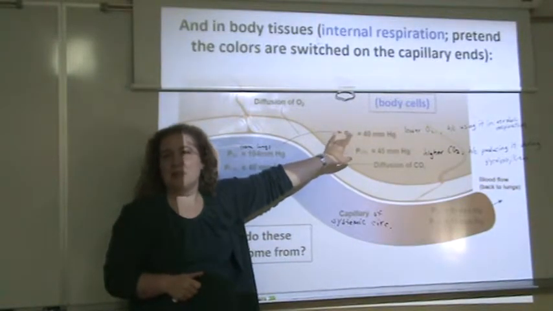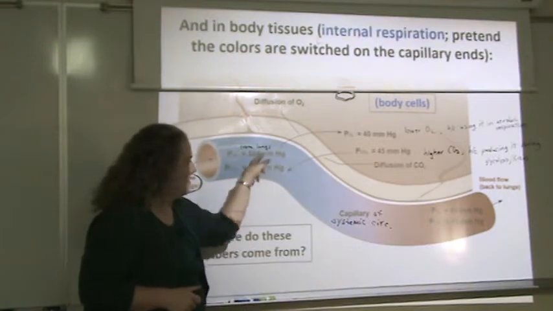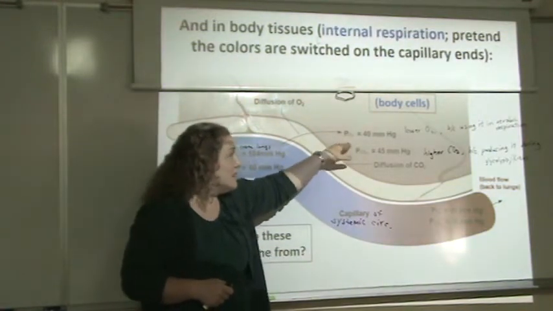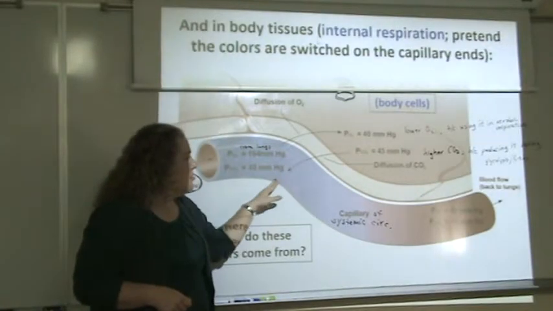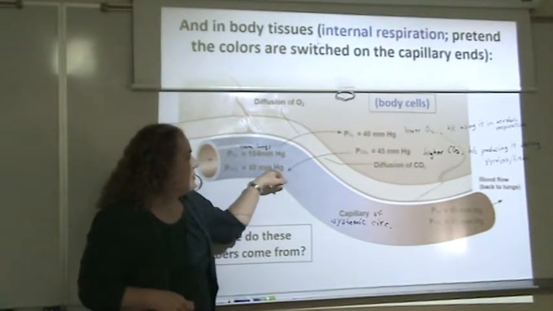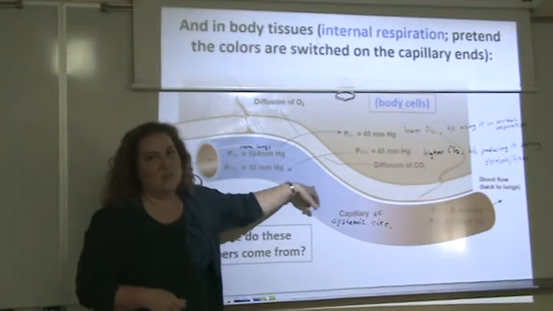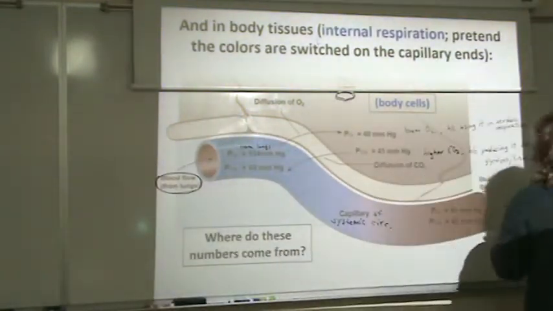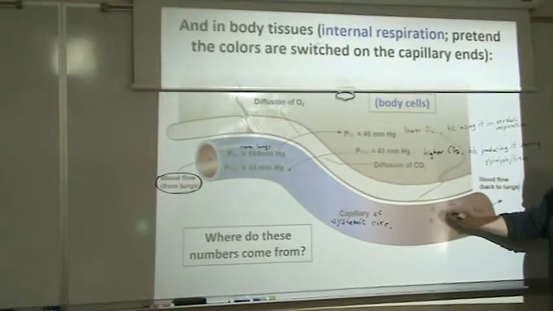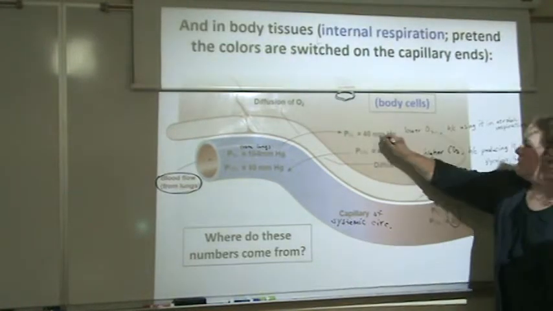This is actually more simpler than the pictures make it look. Oxygen goes into the cells because they're always using oxygen. And CO2 will go into the blood because this blood that's passing by has a lower CO2 level. And notice when the blood leaves here, oh, it's equilibrated.